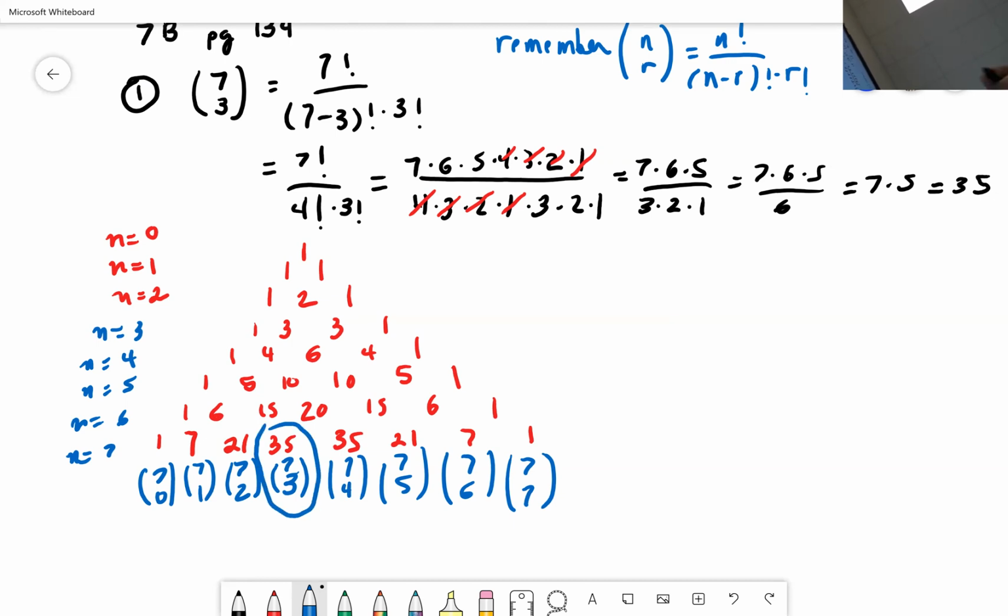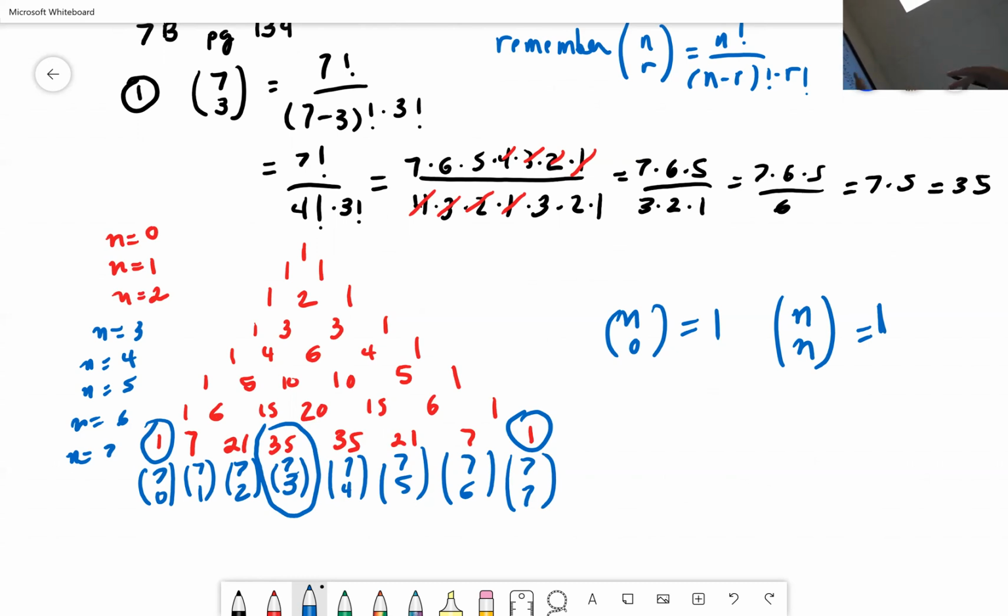And as a consequence, you can also remember this: nC0 is always 1, and nCn is always 1 for all of them. Right? 6C0 is 1, 6C6 is 1. So we can create this triangle, but we can also use that formula just to specifically pick out the coefficient.